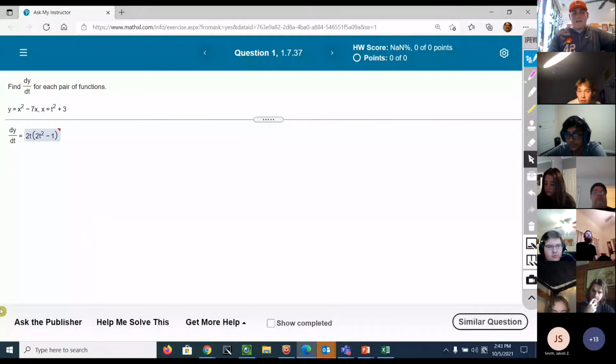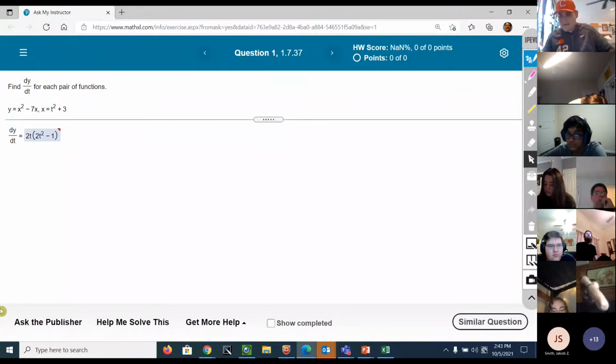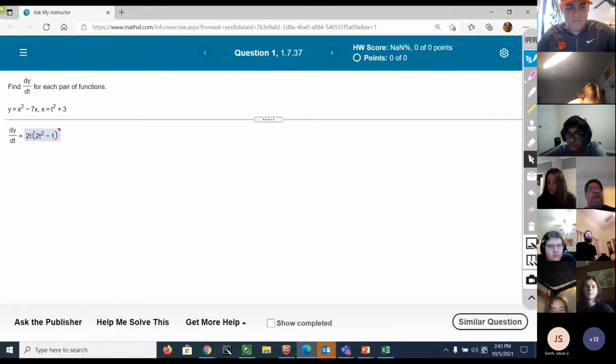Okay, if I'm reading this right, I don't understand. We haven't done implicit differentiation, so I guess I just want us to take the derivatives for each one.